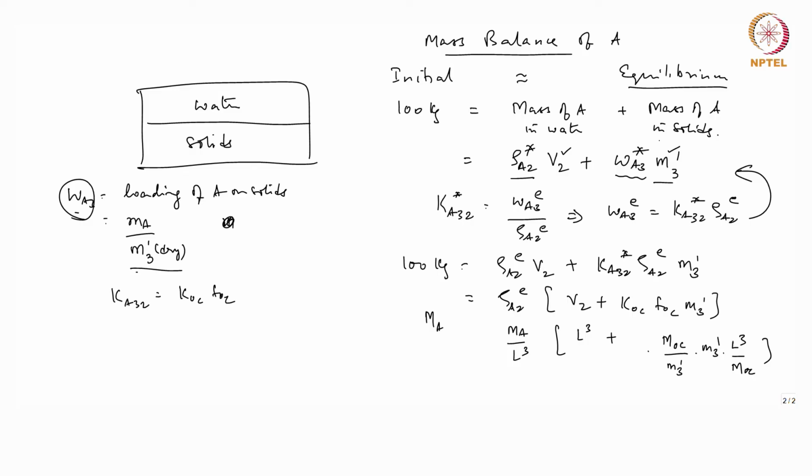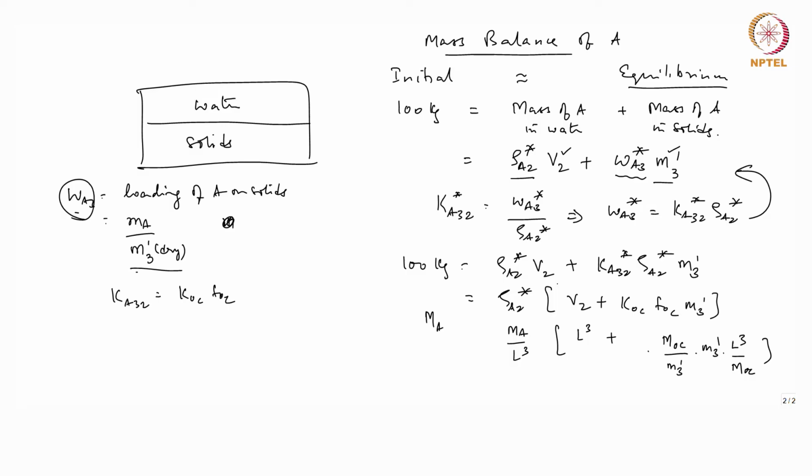There is no universal description, you can write it as... which means these are all at equilibrium, that is the only definition. But sometimes I will just write it as rho A2, if understood it is equilibrium, we just write it as that.